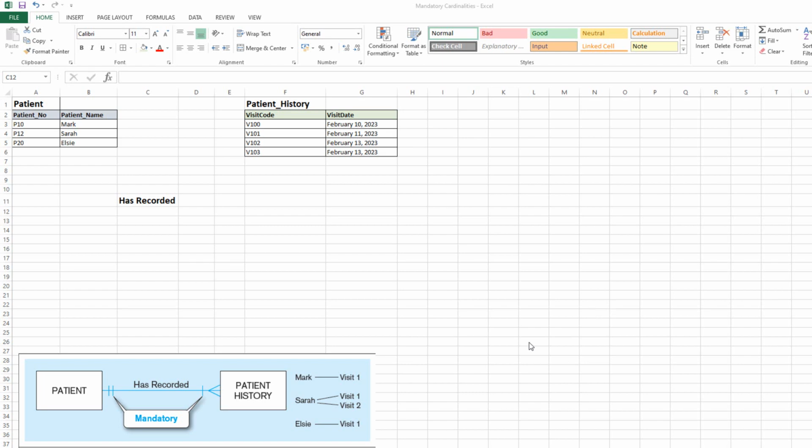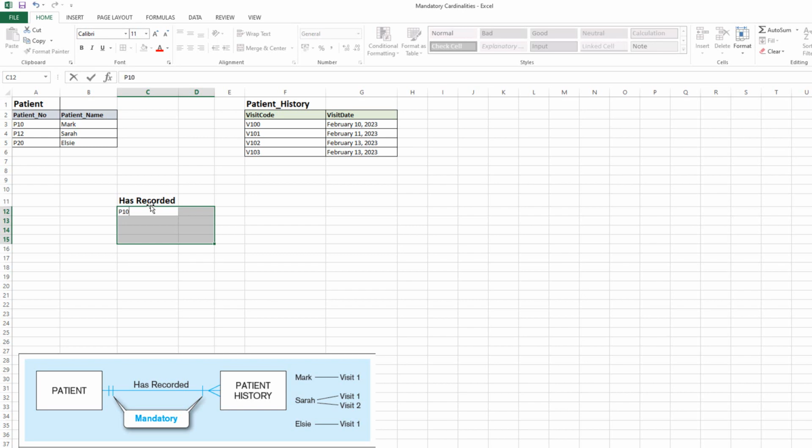Here I have created a patient entity with the attributes patient number and patient name, and a patient history entity, in which I created visit code and visit date. Every visit by a patient is given a code at a hospital. Remember that. Now let me represent a relationship called has recorded.